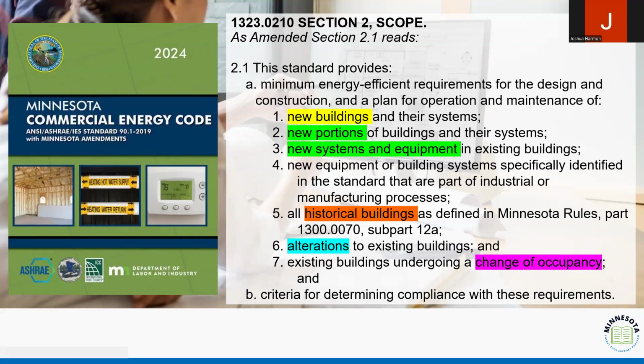If we have an addition or a new portion of a building, it has to follow the energy code for that specific area. When we install new systems, new equipment, we have to evaluate it based on certain expectations, which we may or may not receive a COMCheck to help document that compliance, as well as when we start thinking about alterations or changes of occupancy. If we transition from a warehouse to an office space, then we have changed that occupancy, and there's a lot of expectations to come with that.